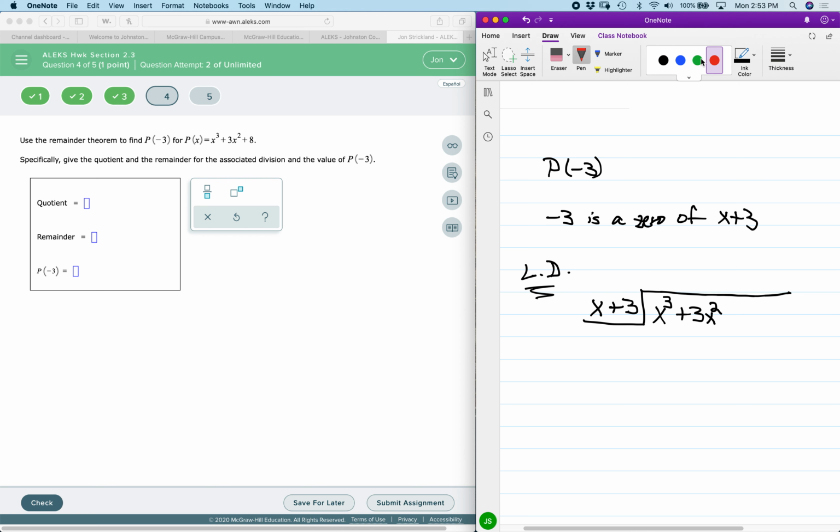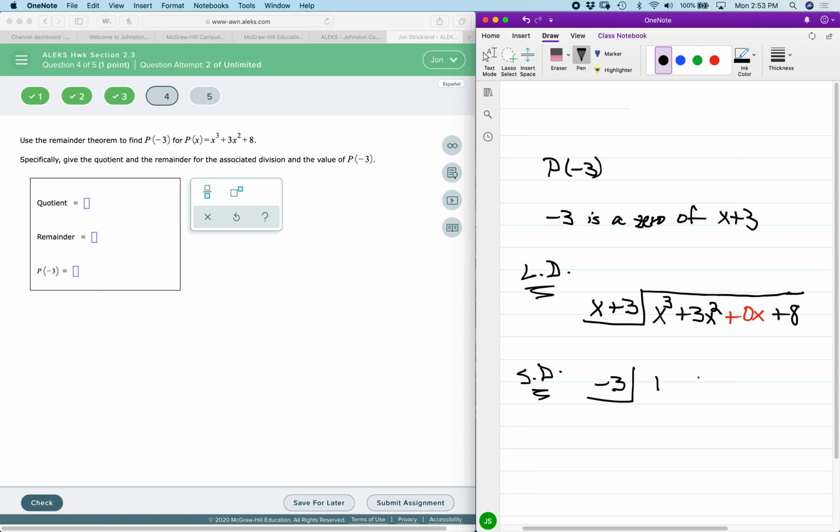However, I am missing a 1st order term, so I need to add in a 0 for placeholder purposes. I want every term from the highest degree down to the constant to be represented. Now for the synthetic division for this setup, this is going back to the 0. So I have negative 3.